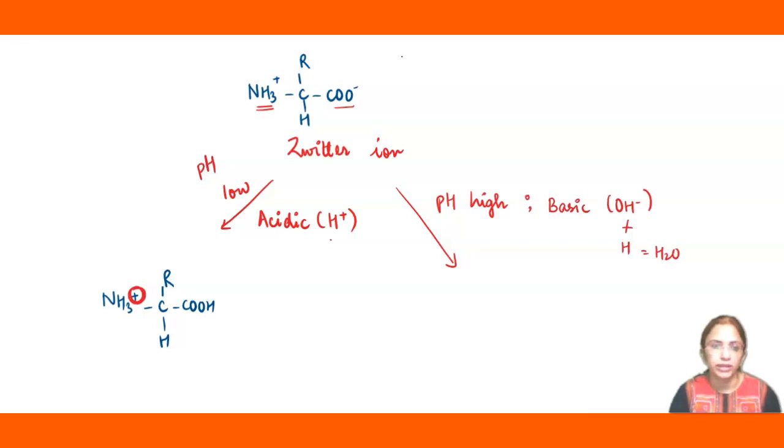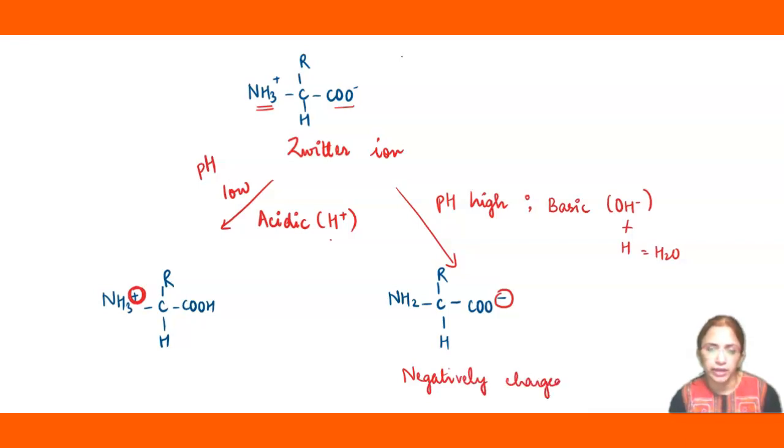So overall, in this case, our Zwitter ion will be modified to form NH2, COO minus, and H. If you notice, in this case, the amino acid has become negatively charged. Negatively charged in the case of basic conditions and positively charged in the case of acidic conditions.